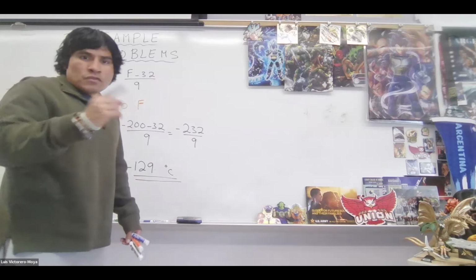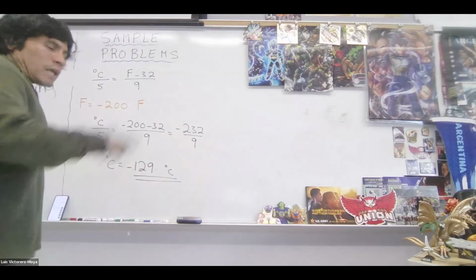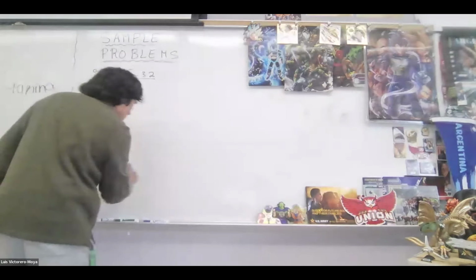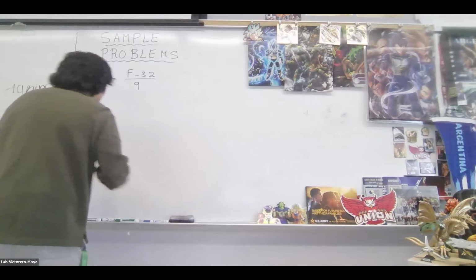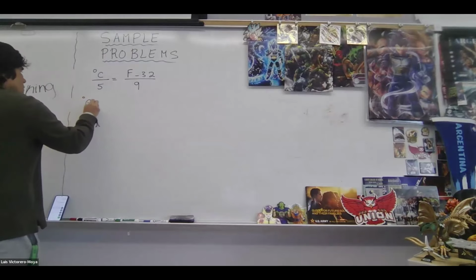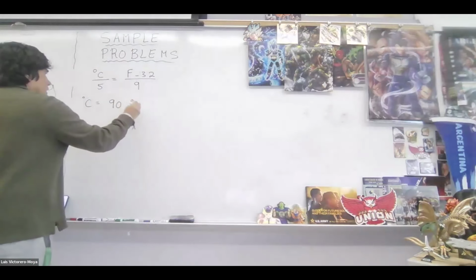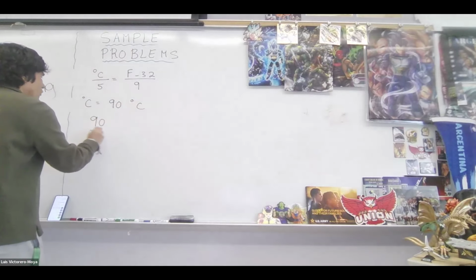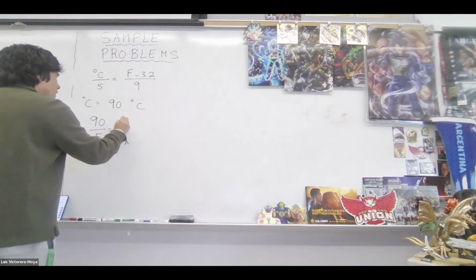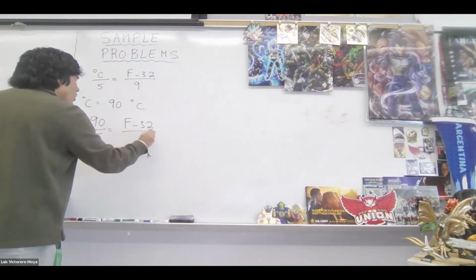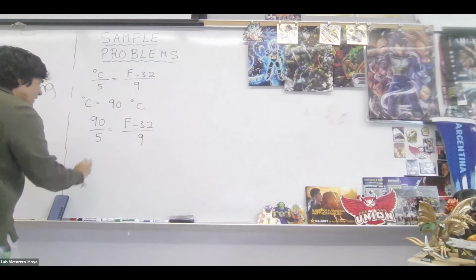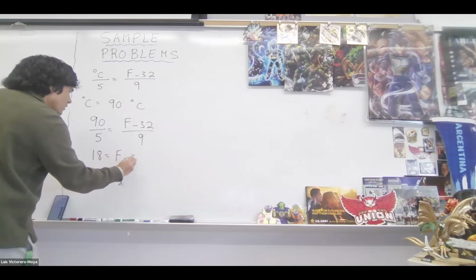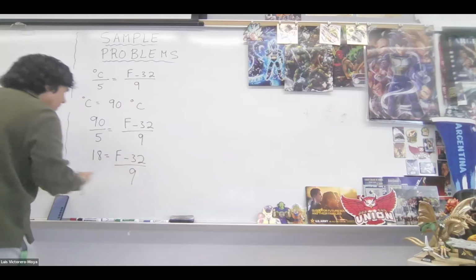Okay, now if I'm gonna go from Celsius to Fahrenheit, let's use 90 Celsius. Right, so you have Celsius equals 90 degrees Celsius, which is almost the boiling point of water. So 90 over 5 is equal to Fahrenheit minus 32 over 9. 90 over 5 is 18. 18 is F minus 32 over 9.